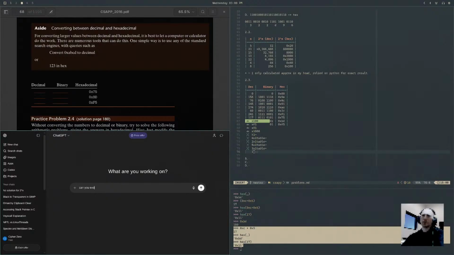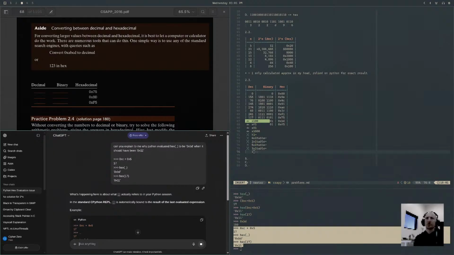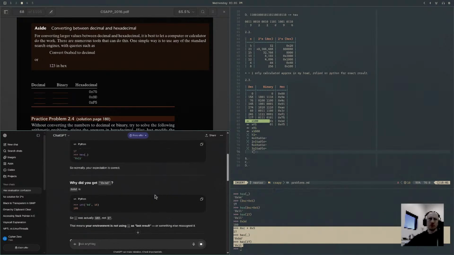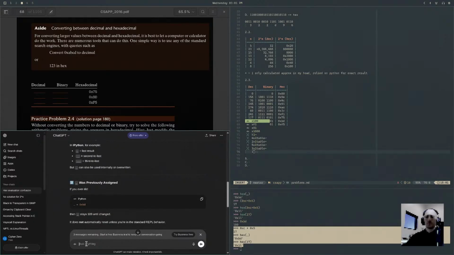Can you explain to me why Python evaluated hex of underscore to be 0xBD when it should have been 0x11? I am using the standard Python REPL.